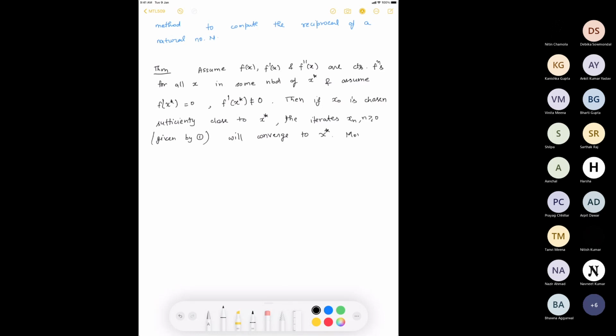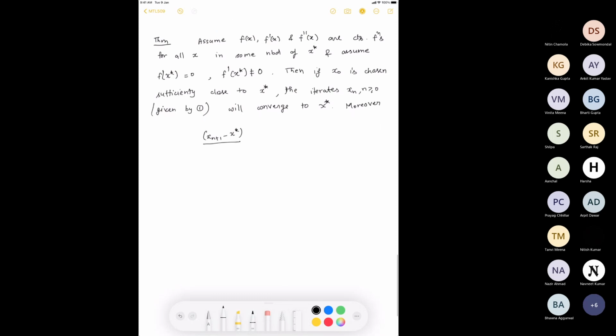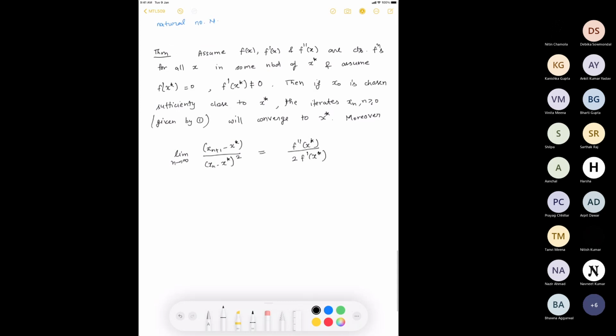And moreover, we will be able to obtain that if I consider the error in the (n+1)th iterate divided by the square of the error in the nth iterate, the limit is going to be f double prime of x star divided by twice f prime of x star.